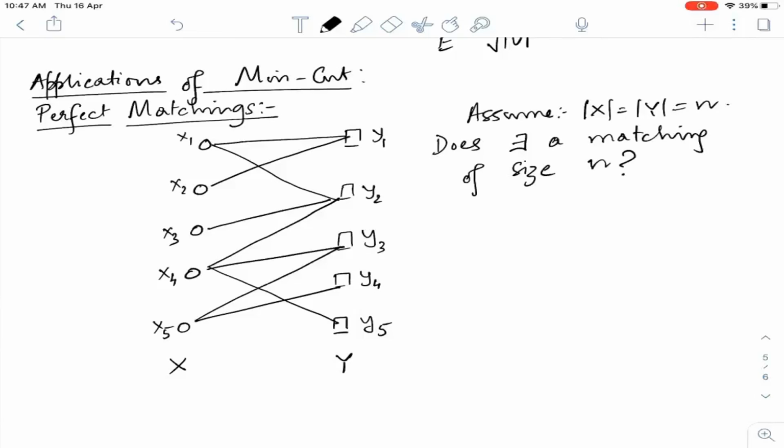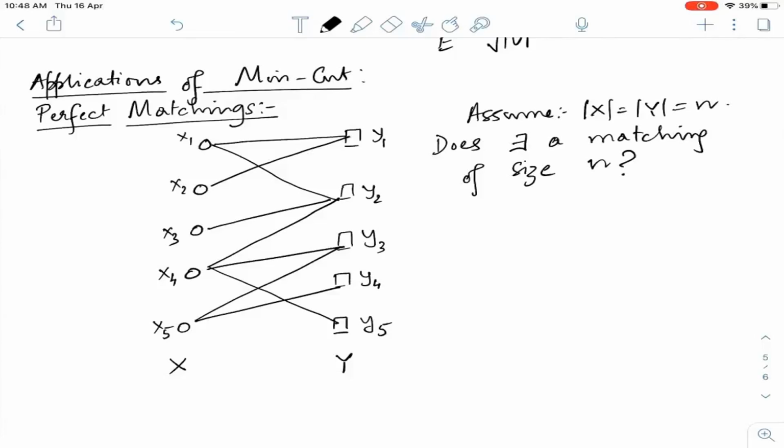If I just look at it immediately, it's not clear that a perfect matching will not exist, because there are 5 vertices on the left side and 5 vertices on the right side. From that point of view, a perfect matching can exist. There is no problem there.